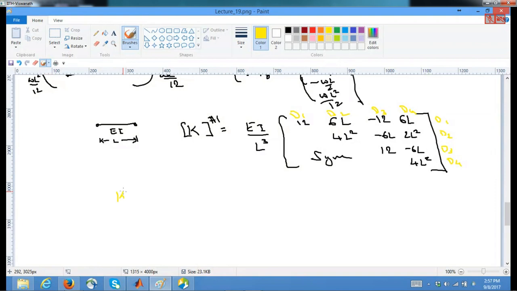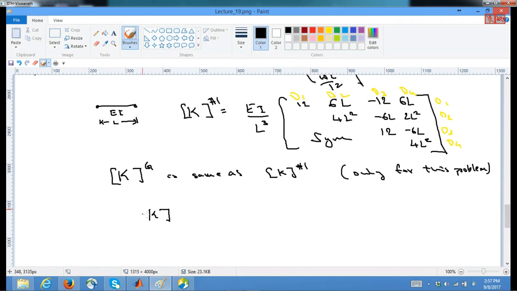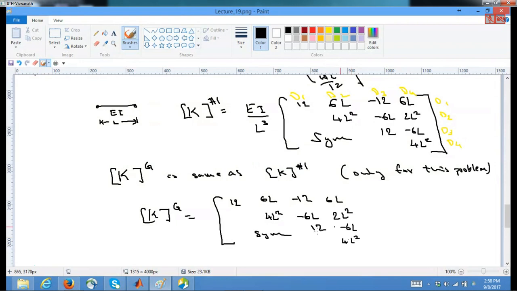Hence our K global in this case alone is the same as K for this problem, with degrees of freedom D1, D2, D3, D4.